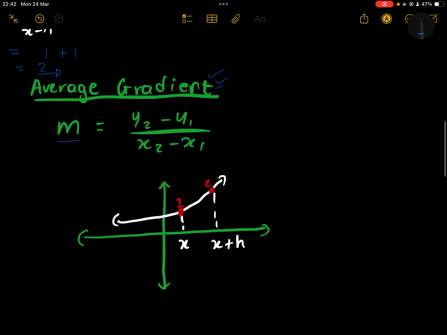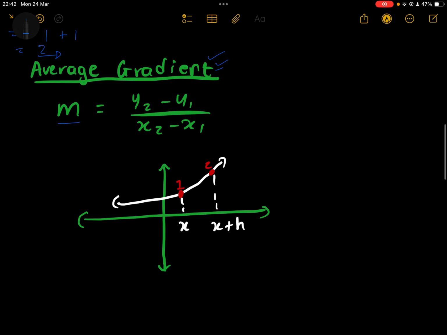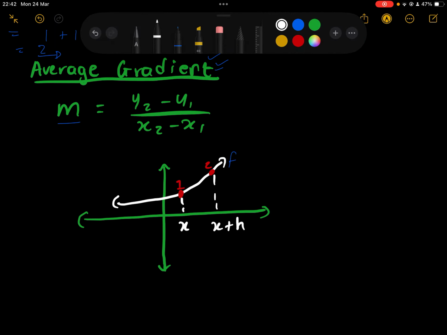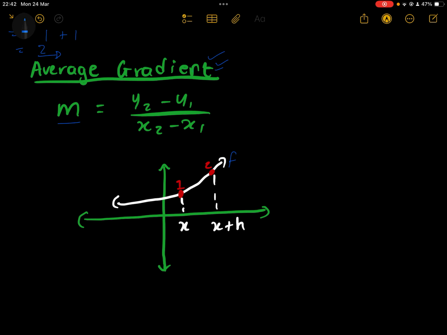So I want you to notice something in this diagram that I just drew. Here we have a graph of f. This graph is called f, and in this graph of f we have a point 1.